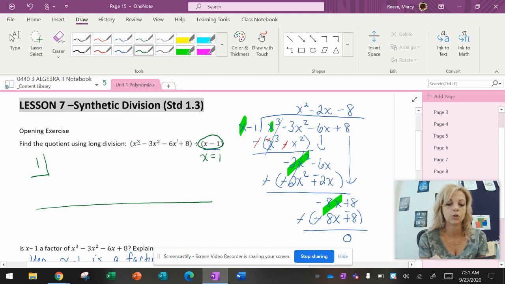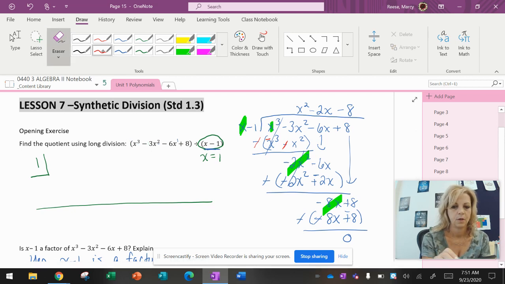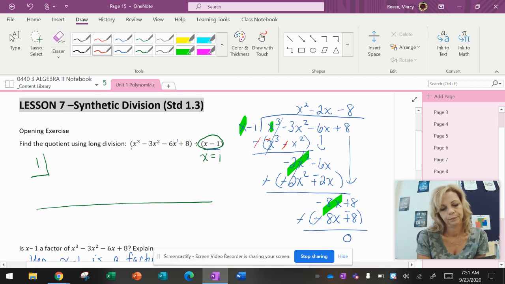And then what you're going to do is take the coefficient of each of these. Let me do it in red. So this is 1, this is -3, -6, and 8.